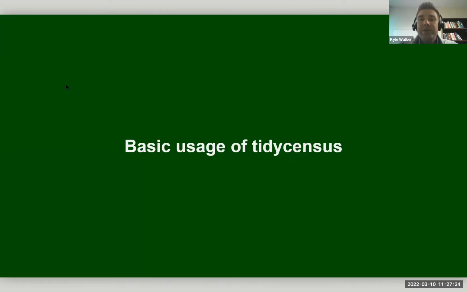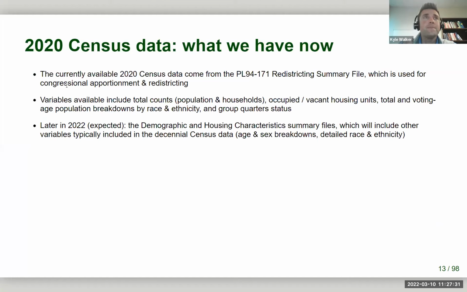Now I want to show you some basic functionality of Tidycensus with a focus on the 2020 decennial census data. Let's talk a little bit first about the 2020 census data, specifically what we have access to now. For those of you who are familiar with census data, there are a number of unique elements to the 2020 data that haven't characterized previous decennial censuses.